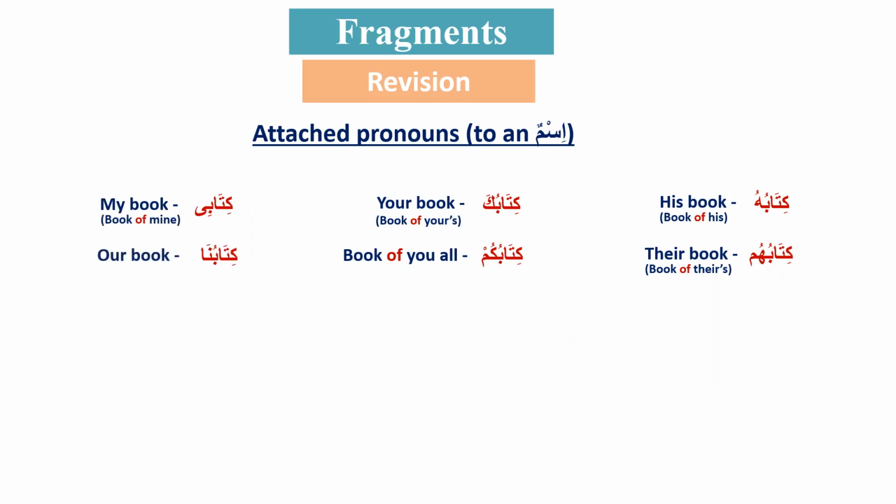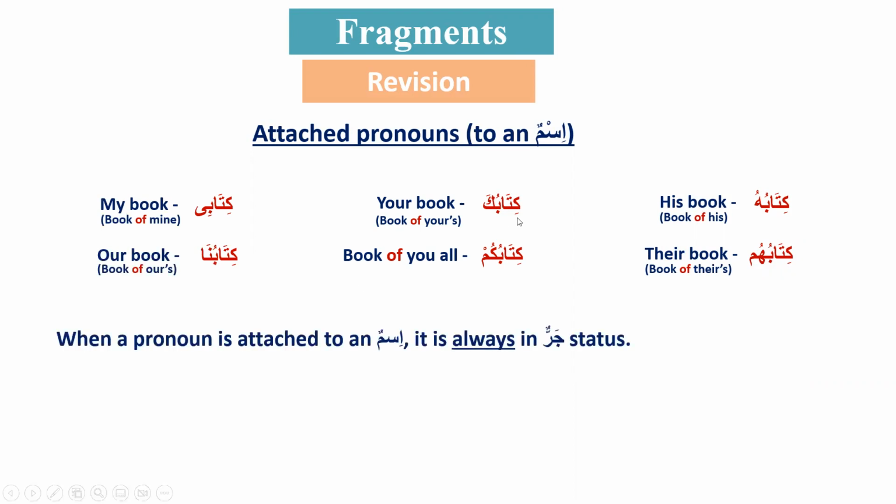So there is one thing common here, and that is there is a pronoun which has been attached to an ism. All of them. Kitab is an ism, and a pronoun is attached to it. Who is a pronoun? Ka is a pronoun. Kum is a pronoun. This ya here is a pronoun, and na is a pronoun.